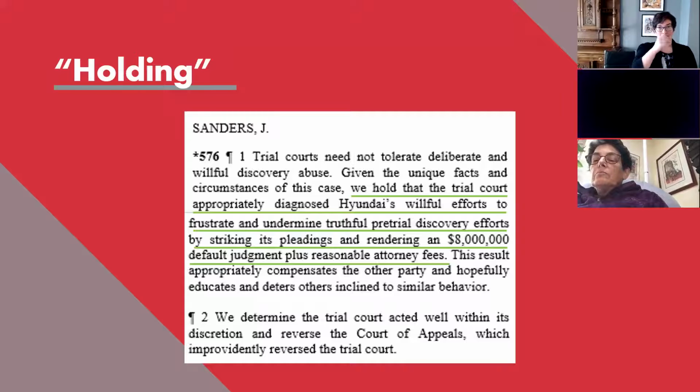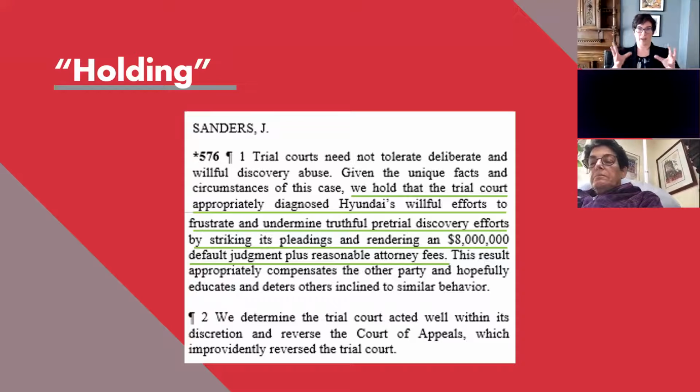This is a bucket case where you have to really dig into the facts and say, the court held this, but why? What were the ingredients that went into this holding? Because you'll find another case that'll say the trial court abused its discretion by striking its pleadings, or the trial court did not abuse its discretion by refusing to strike its pleadings and instead only ordering a continuance.